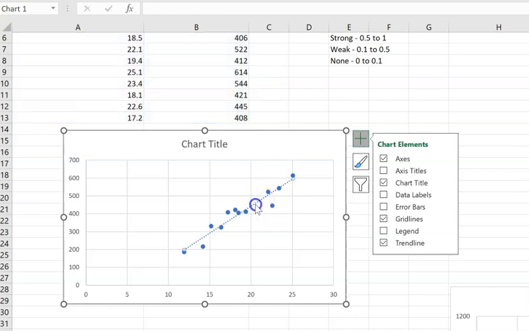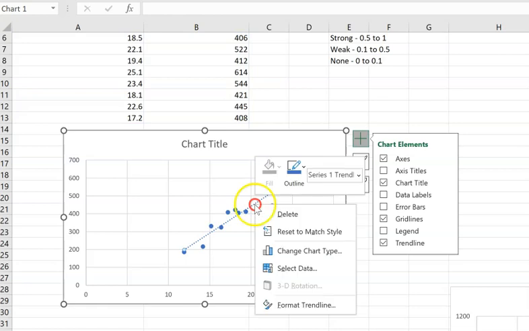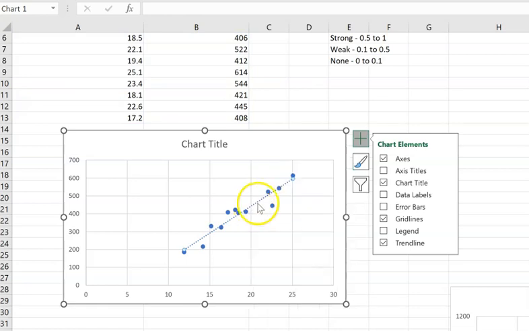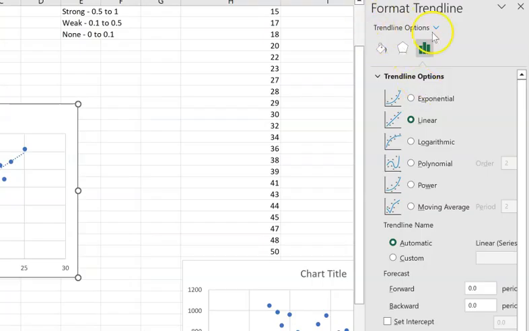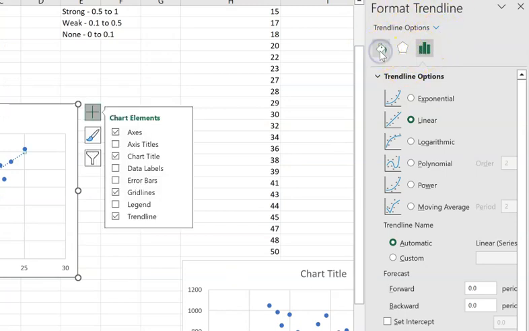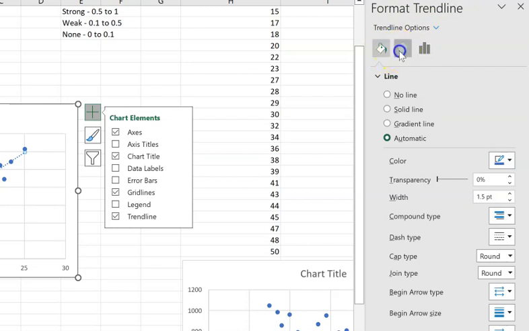So next step is we are going to click just the trend line itself, and specifically we want to double click it. Once you double click it, I will move over to the right so you can see what comes up. On the right hand side, you should see Format Trend Line come up, and you might be in one of these.